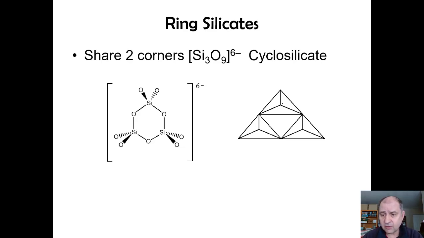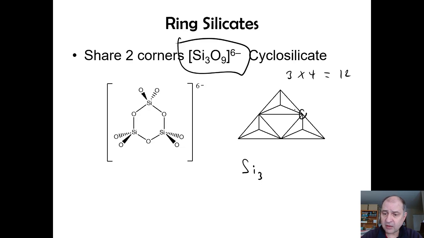Again, you have 3 units here, so you have 3 silicons. I'm essentially deriving the formula and the charge here, and then you can either say, well, if we have 3 times 4, which is 12, but we have 1, 2, 3 connections, that means we took 3 out, so we're left with 9 oxygens.